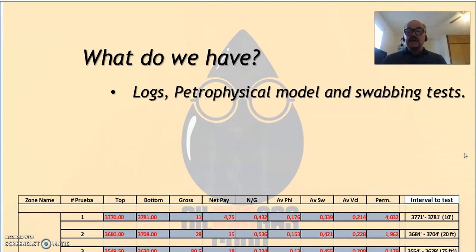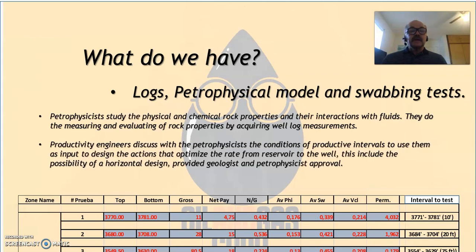After they study the logs and everything, they tell us what permeability we're having, which porosity, what's the net pay, what's the net to gross relationship. So we get all the details about the sands that can be put to production when we put the well in production. So that's what we get from the petrophysicists.